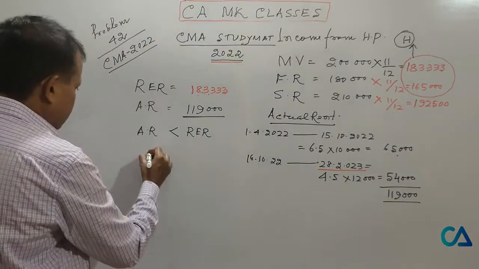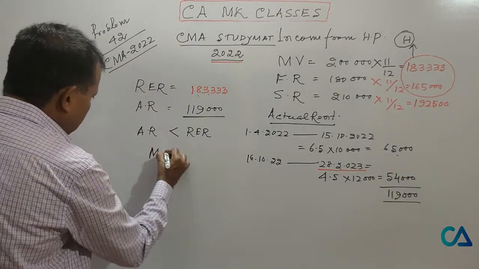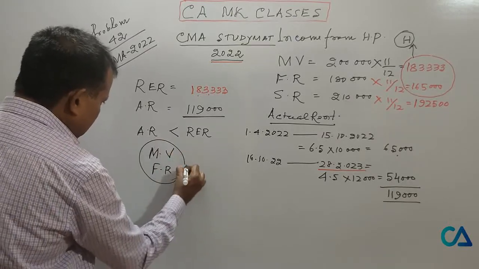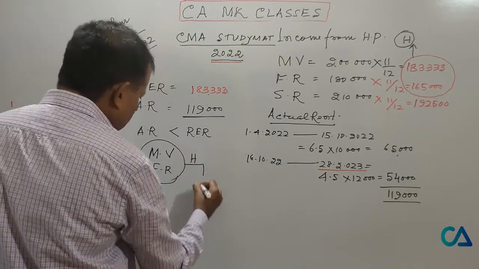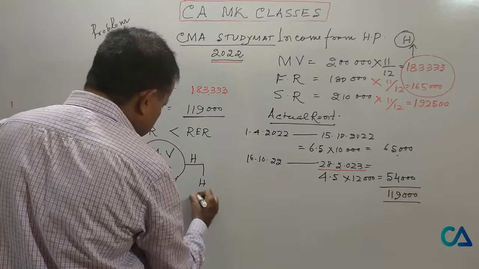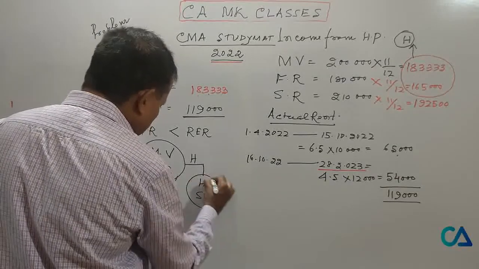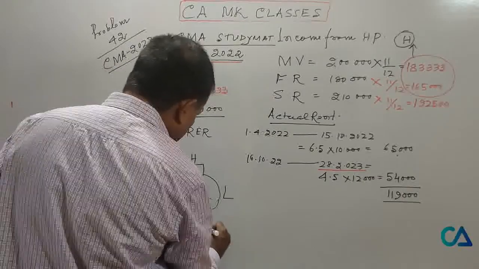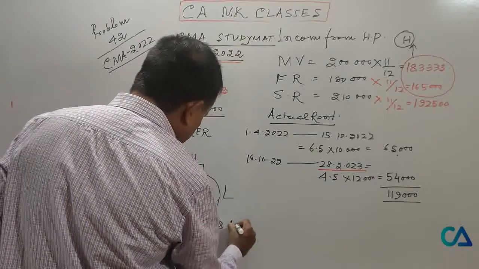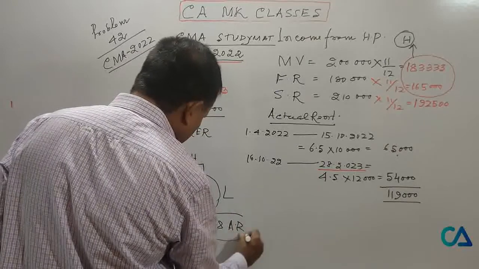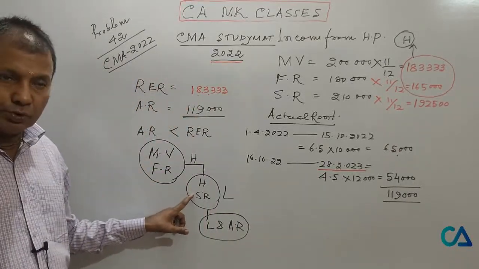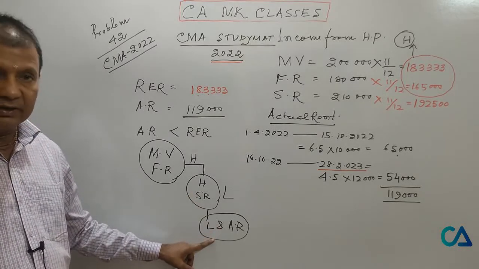Then that lower value and actual rent will be compared. This is step 1, this is step 2, this is step 3.